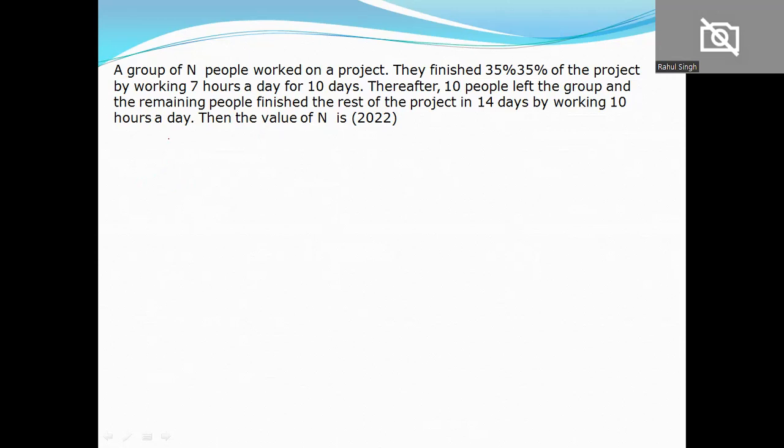So this is a men, hours, days and work question. It has a formula: m1 d1 t1 over w1 equals m2 d2 t2 over w2. What is m here? M is the number of persons.